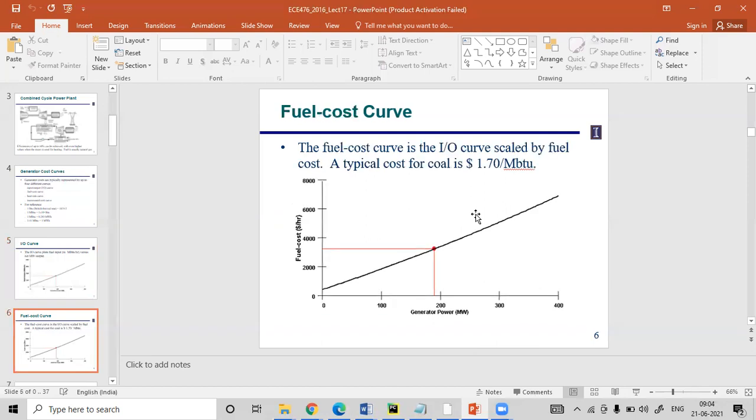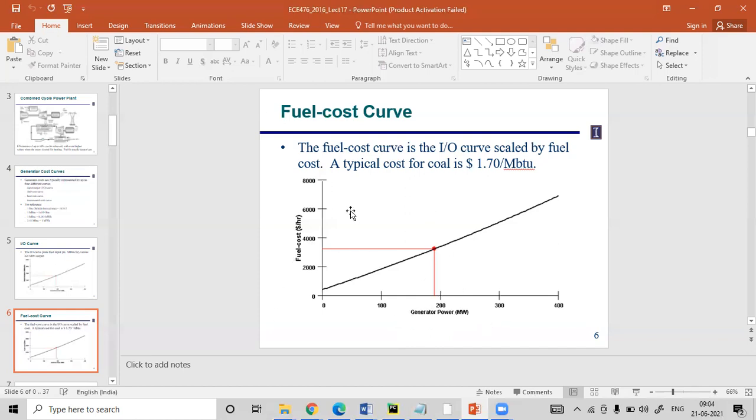Now the fuel cost curve. The fuel cost curve is the input output curve scaled by the fuel cost. Means now we will calculate the input output curve in terms of fuel cost. Before, in the previous slide, this was input fuel, and now it's multiplied, calculated as fuel cost. Means how much cost is required to generate a single unit of power of the generator.